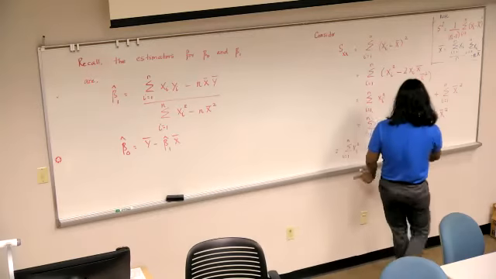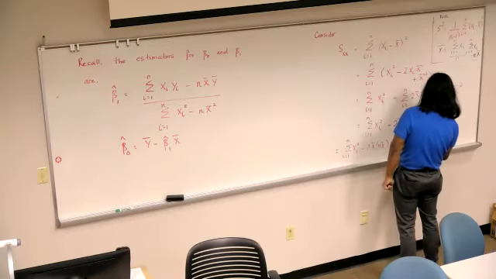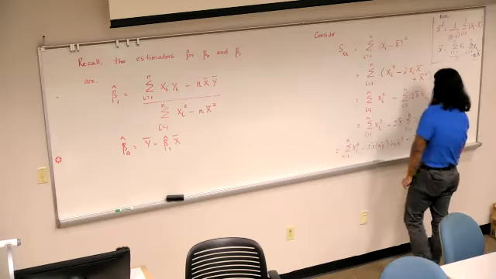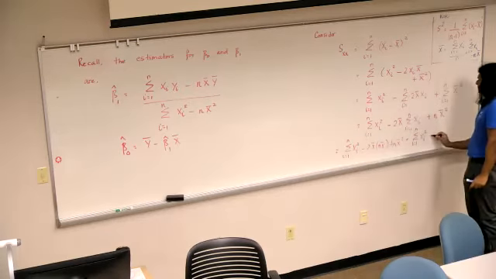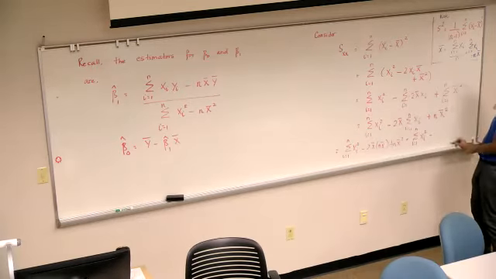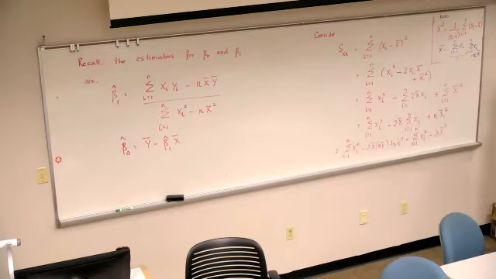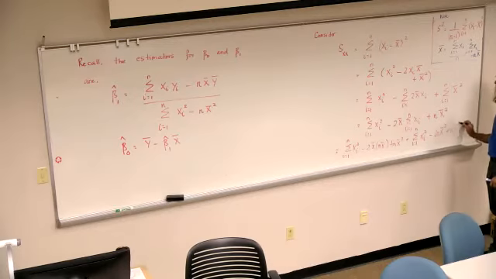Which would result in sum i equals 1 to n of xi squared minus 2 n x bar squared plus n x bar squared.